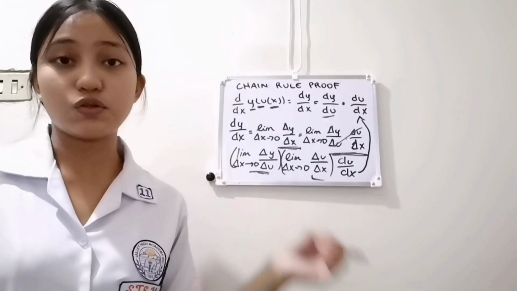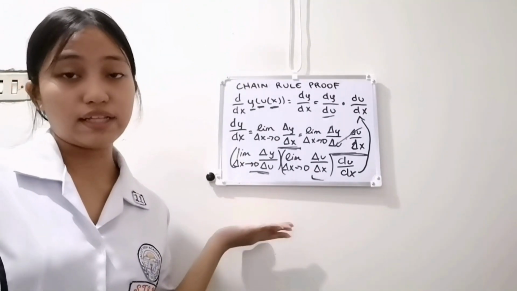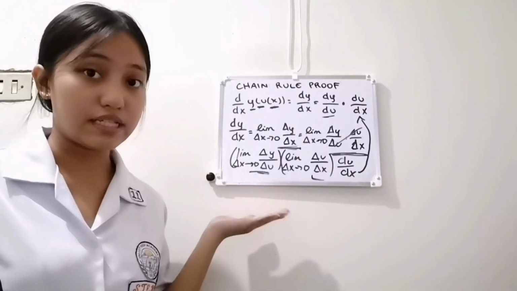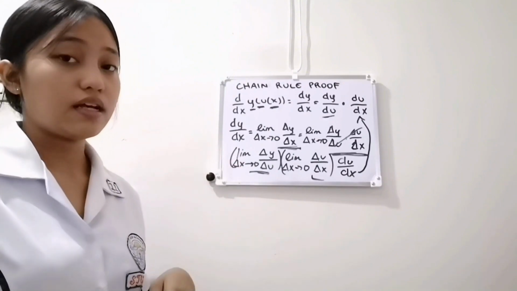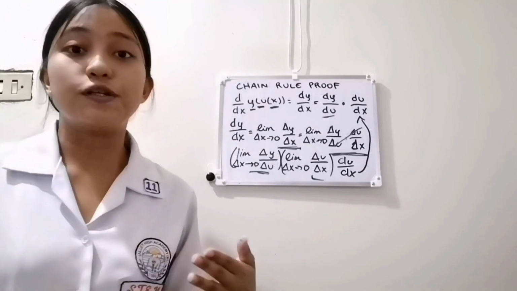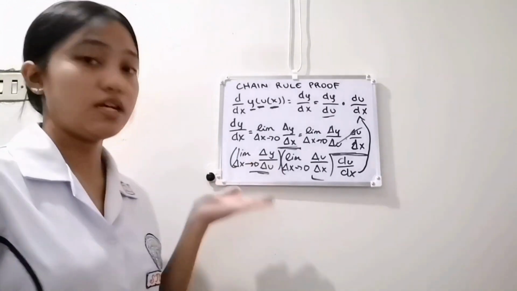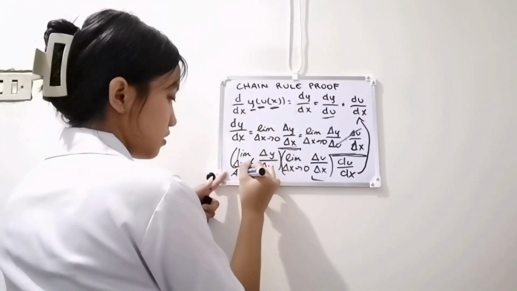Then we just have to remind ourselves that u is continuous at the point. So instead of saying delta x approaches 0, that's going to have the effect, because u is differentiable at x, which means continuous at x, that delta u is going to approach 0. We're just going to rewrite this.